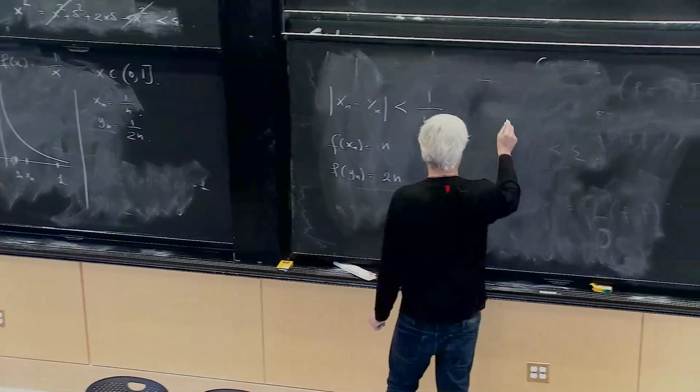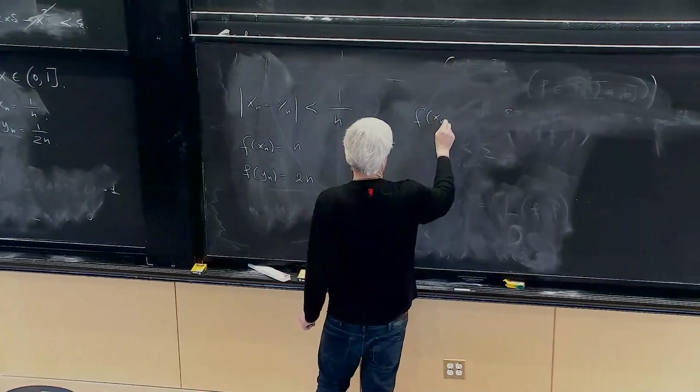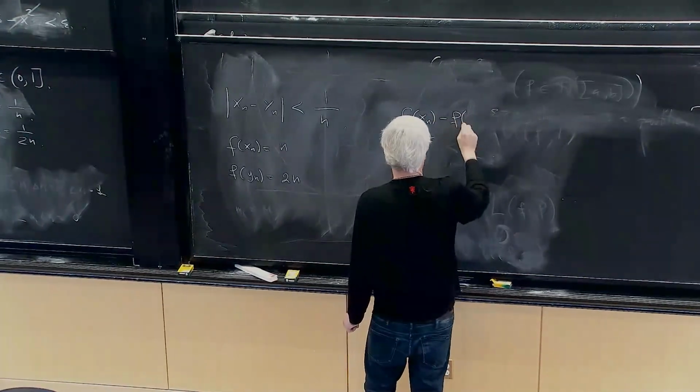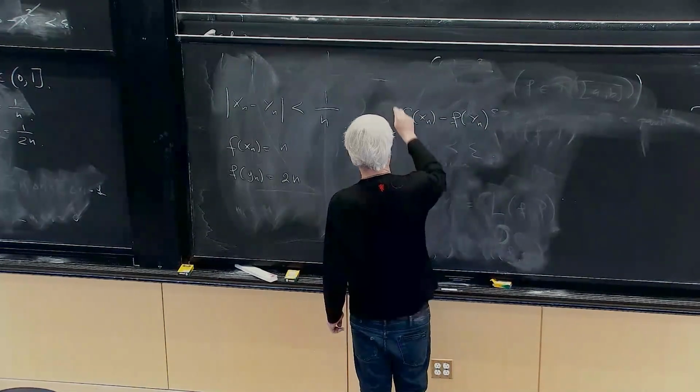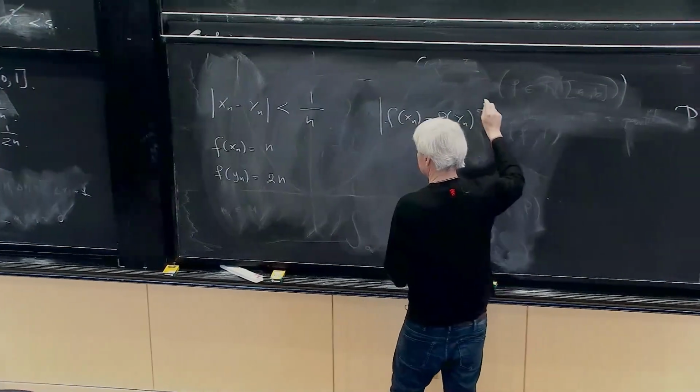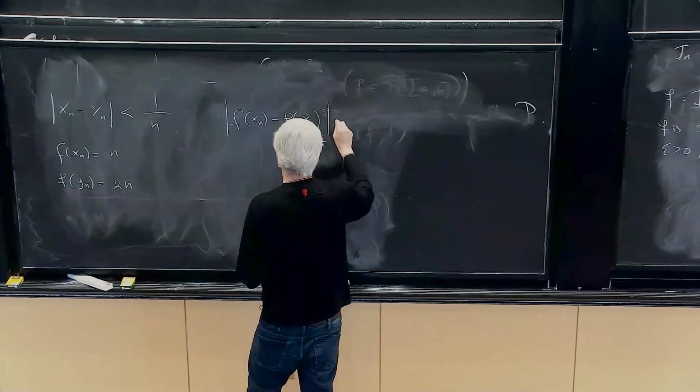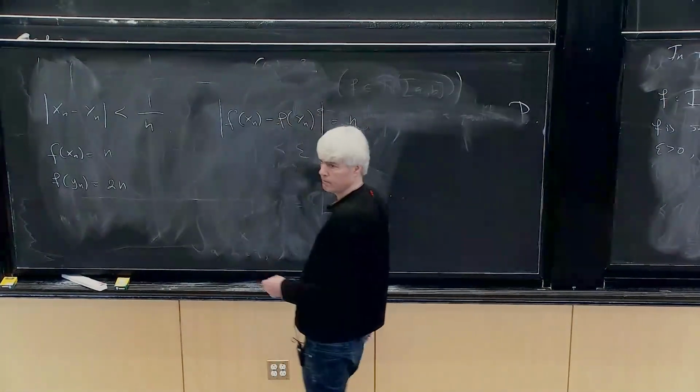So this means that the difference f of xn minus f of yn is equal to n, right?